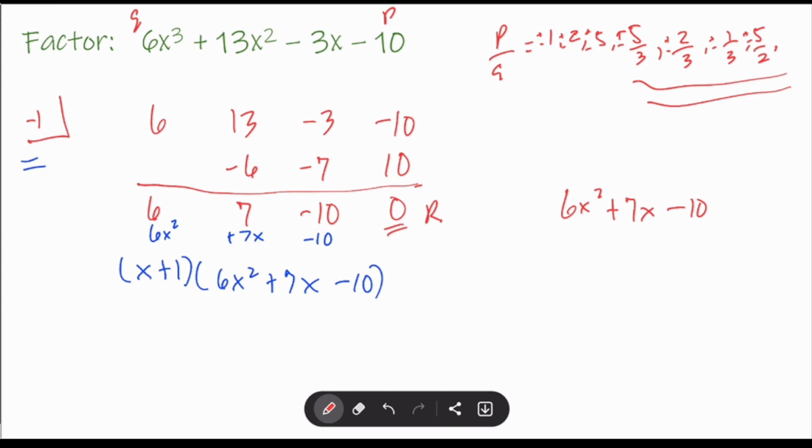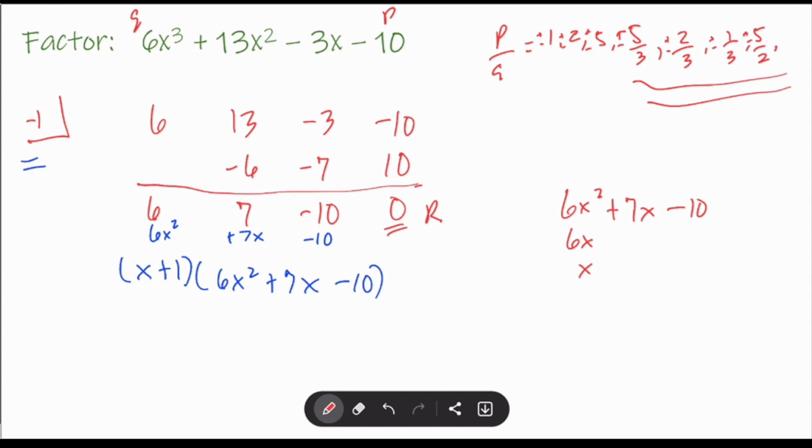So 6x squared can be factored as 3x and 2x, but I will just choose 6x and x. As I said, you do have to do trial and error until you find the correct pair. The correct pair here is 6x and x. You can try 3x and 2x, but it will not lead you to the correct value.